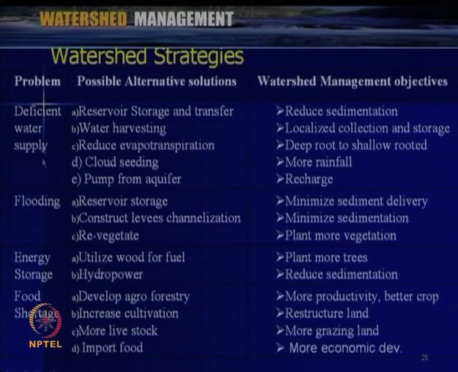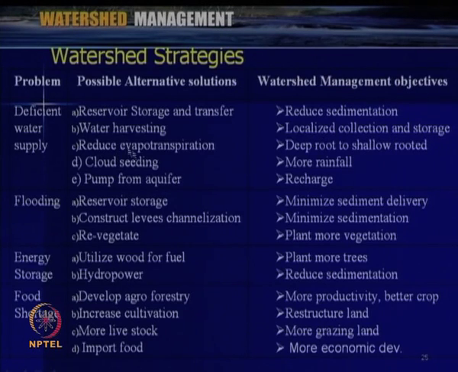Here various problems are listed, and corresponding possible alternative solutions are also listed, and then the corresponding objectives. For example, if the watershed has deficient water supply, then we can go for reservoir storage and transfer. To reduce sedimentation, we can go for water harvesting, which can improve localized collection and storage.